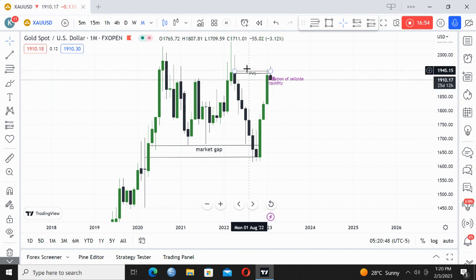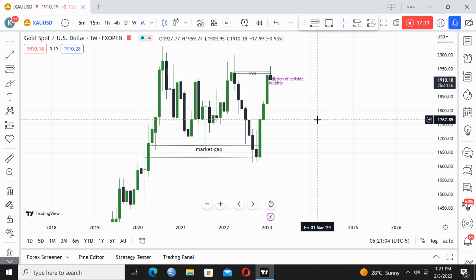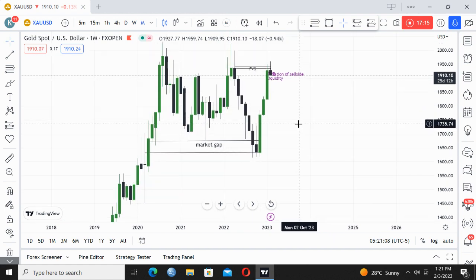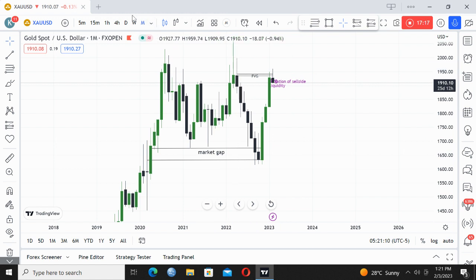Then here you can see it got filled in the weekly chart. Now the market is trading lower to close this gap. And you see, the first week will end today. So the market might be trading lower today and even from next week.